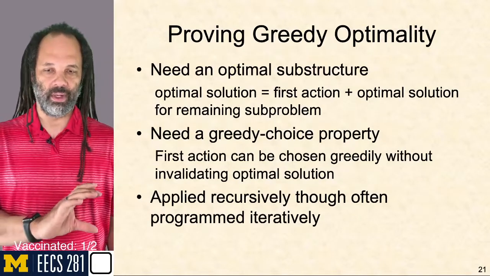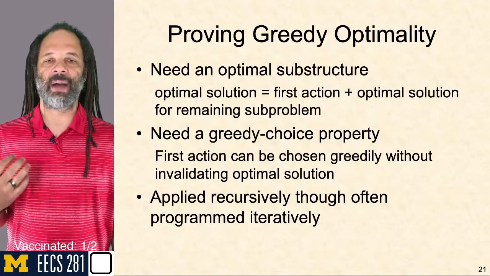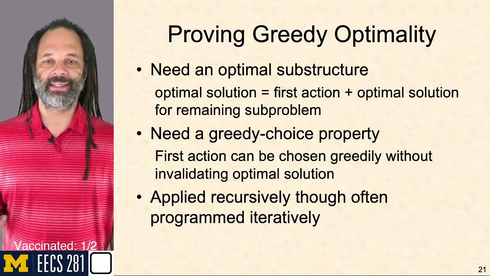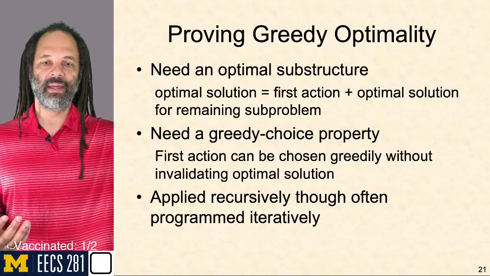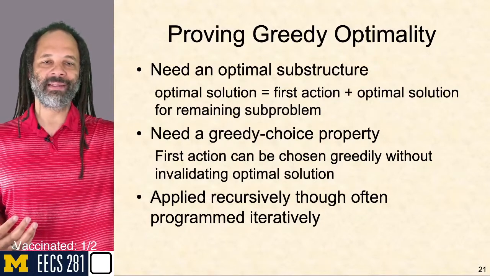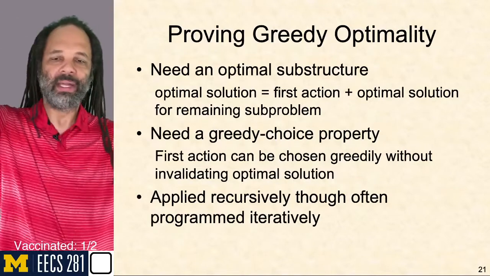I keep applying this recursively. So this is like I said in mountain climbing. If my next step takes me up a sub-peak, then what remains is not an optimal solution because I'll have to go down to get up there.